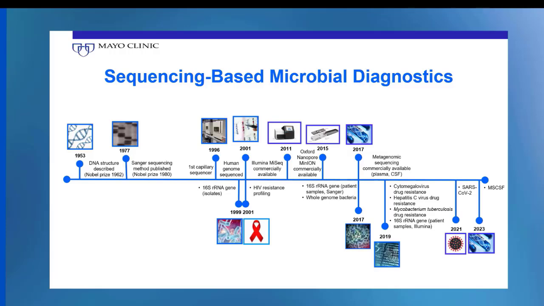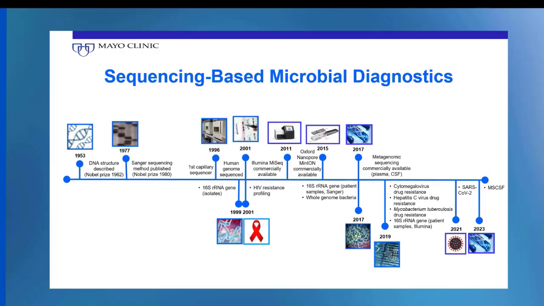The advent of new technology really moved forward with next-generation sequencing. I show a major milestone in 2011, which is the availability of the Illumina MiSeq platform, followed in 2015 by the Oxford Nanopore Technologies MinION device. These types of technologies enabled us to bring next-generation sequencing to the clinical microbiology laboratory.